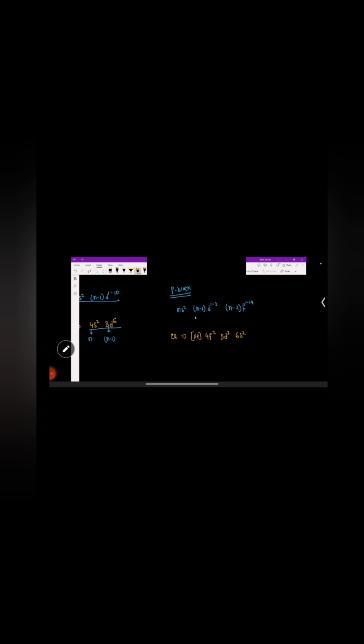This is how the electronic configuration looks. You can clearly see that if I consider 6s to be n, then 5d will be n minus 1 and 4f will be n minus 2. All the shells are present there, and guys, these all three shells act like a valence shell.